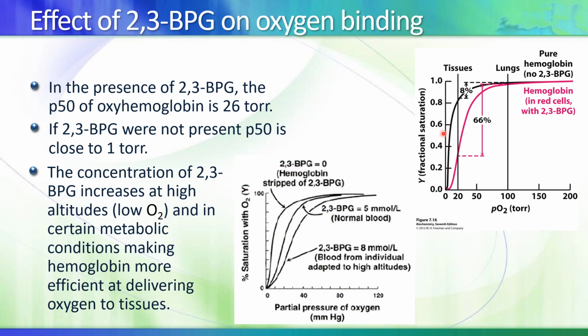So this is a case right here where, again, that's the normal curve for hemoglobin, and here if you have no 2,3-bisphosphoglycerate at all, note the difference in the P50 and the shift of the curve to the left.